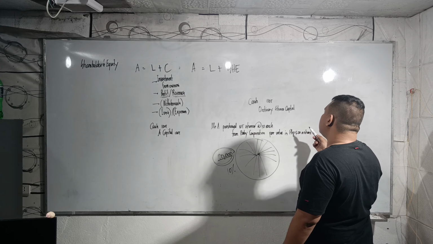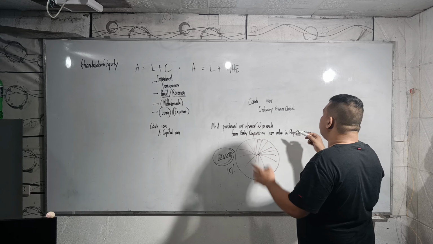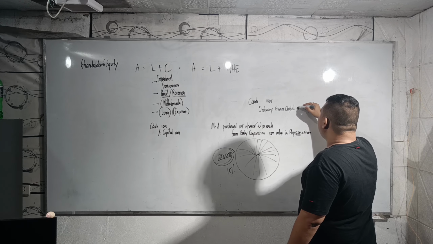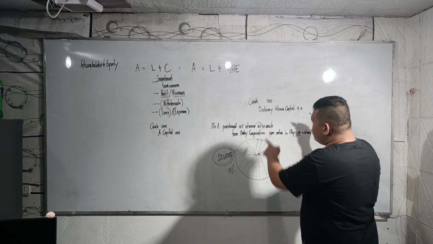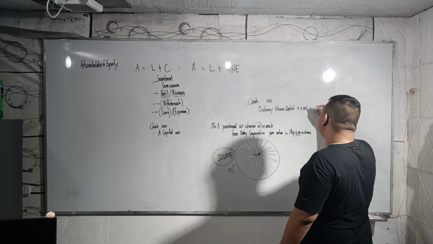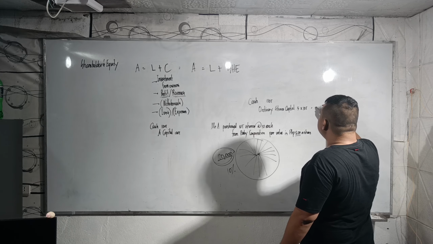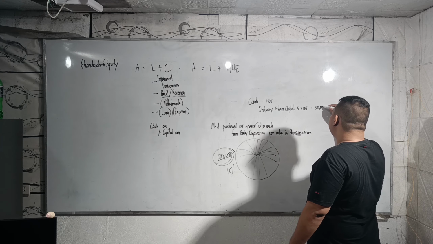But this ordinary share capital account is just limited to the par value. So what do I mean? You have 5 pesos only instead of 10 each. 5 pesos par value times 10,000 shares equals 5 times 10,000, that's 50,000.